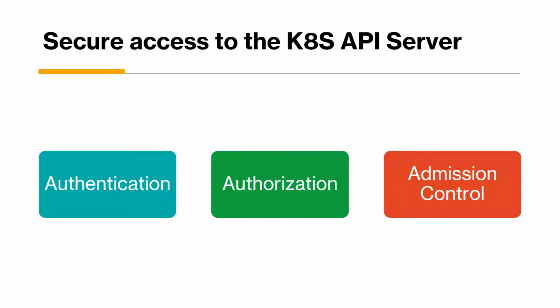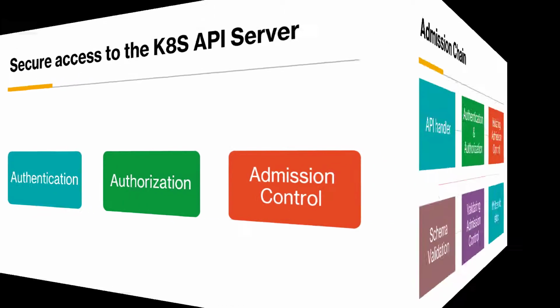And then there's this concept of admission control, and that's basically software that looks at incoming requests and then modifies those requests or approves or denies these requests in real time. And of course, Kyverno plays in that part. Kyverno can do admission control, but also a little bit more than that.